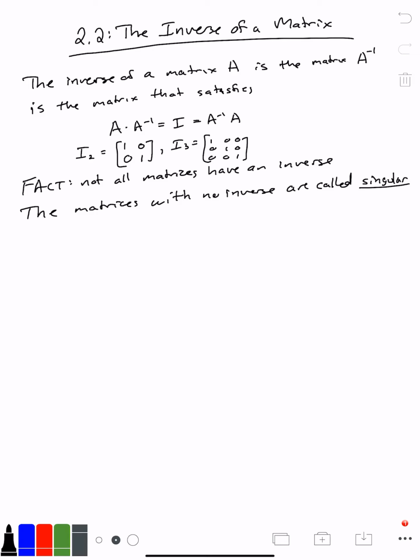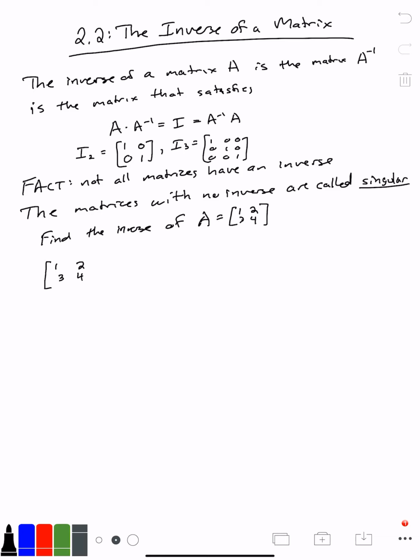Okay, so if we want to find the inverse, then we start by the following. Let's say I want to find the inverse of A is 1, 2, 3, 4. What we're going to do is create a bigger matrix, kind of like an augmented matrix.